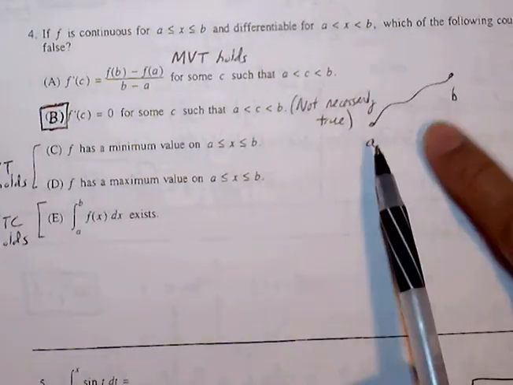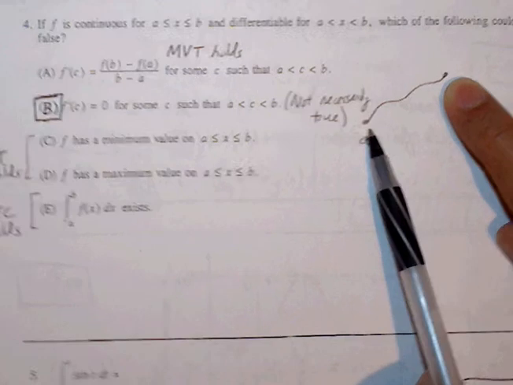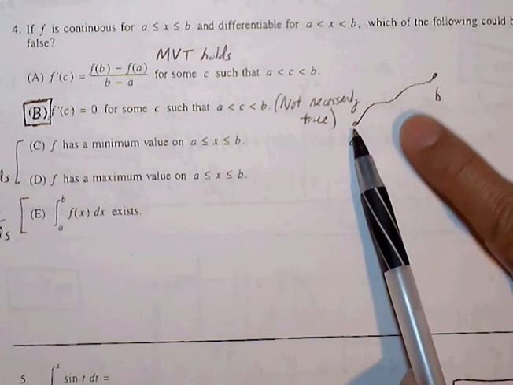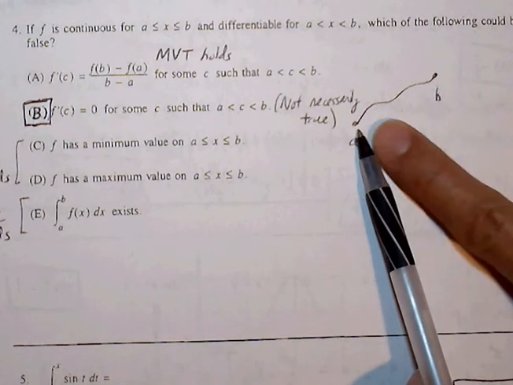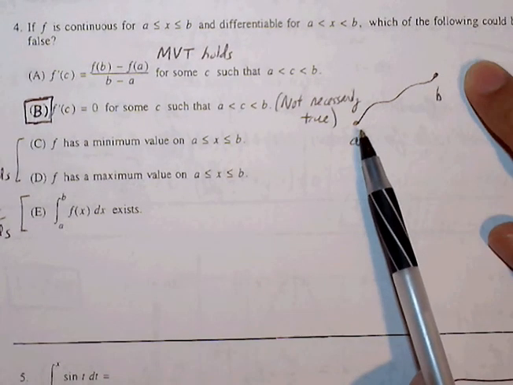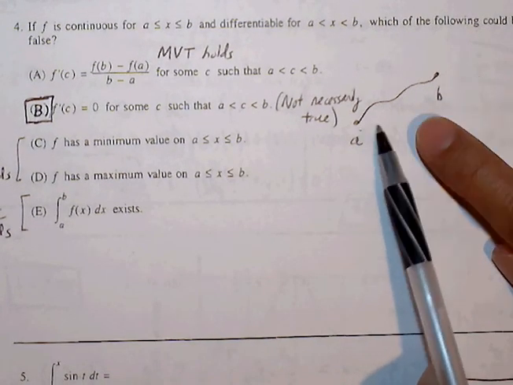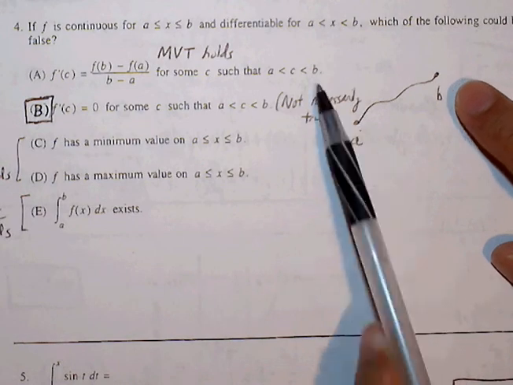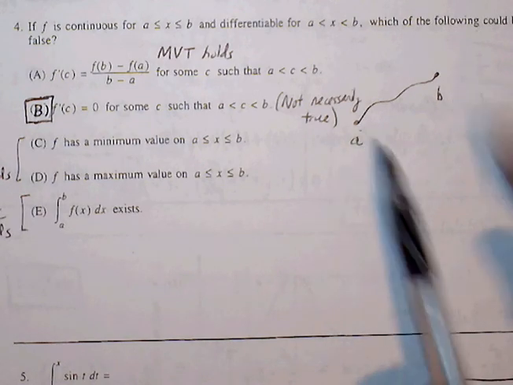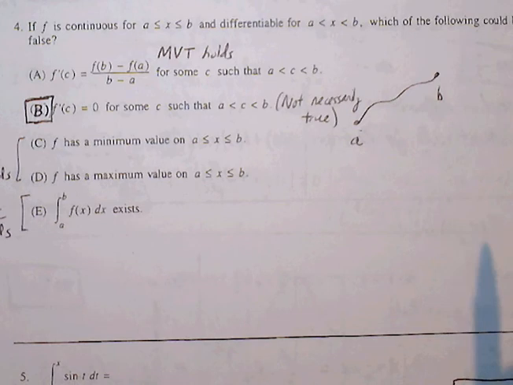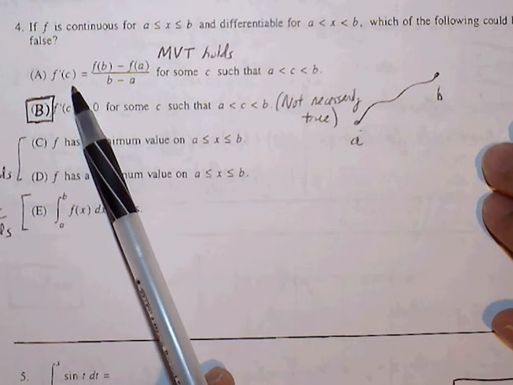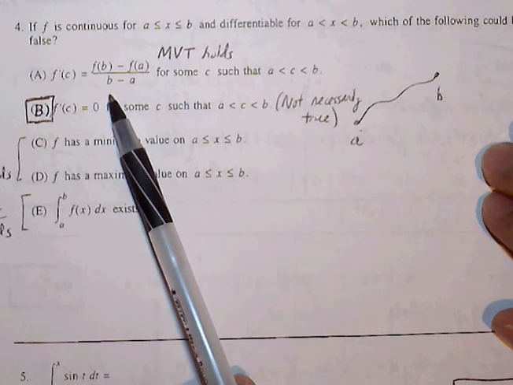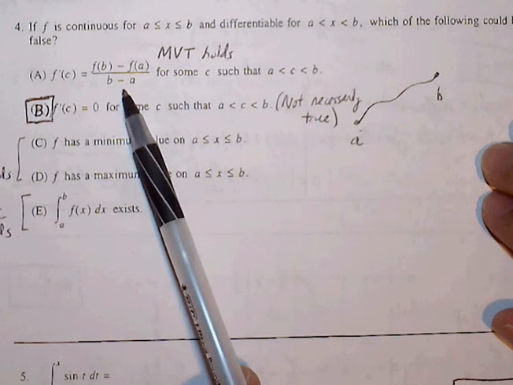Okay, so I just drew a picture here of a potential graph where we have a continuous and differentiable function, drawn in a way so that one of these will be more apparent as to which one could be false. So first off, f prime of c is equal to f of b minus f of a over b minus a. This is the formula for mean value theorem.